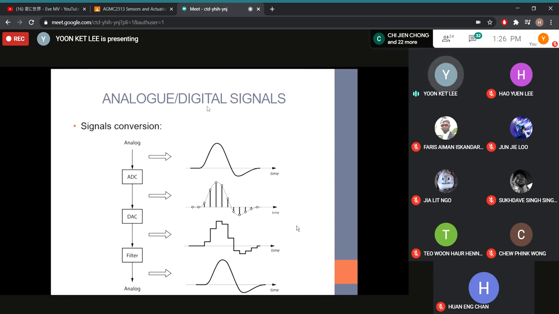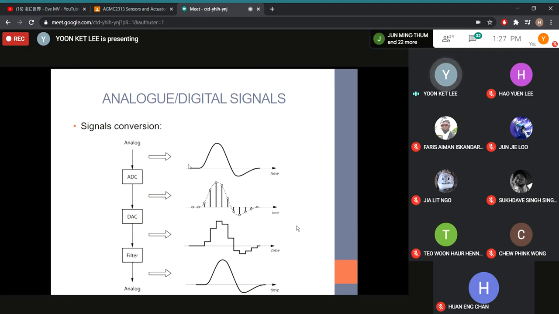So as you know, why are analog and digital signals important? Before we go into this, maybe we just say that analog and digital can be converted. If I have an analog signal, I use an analog to digital converter card. I can convert my signal to digital form like this one.